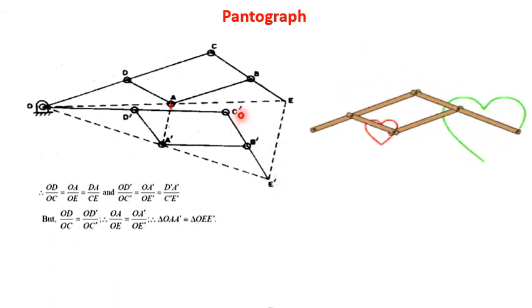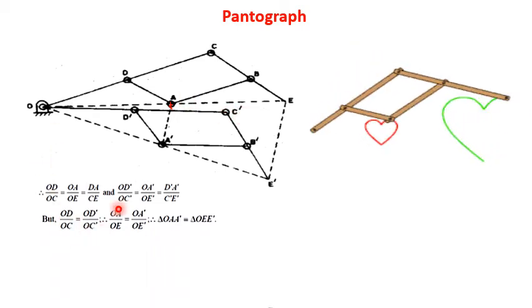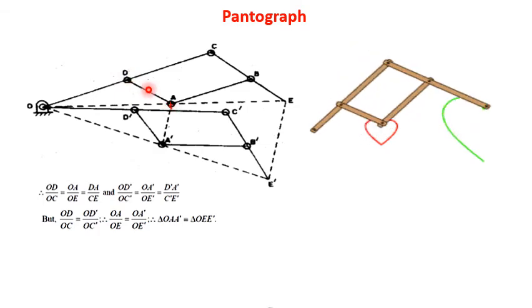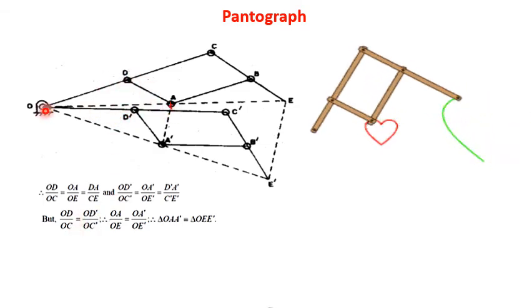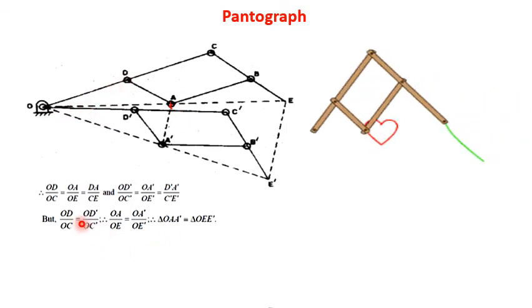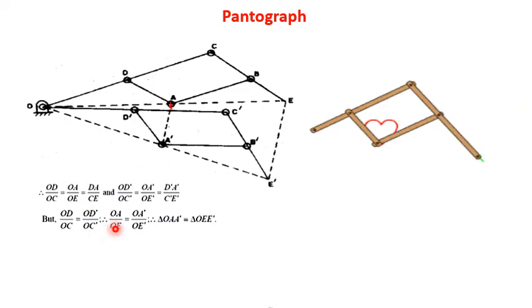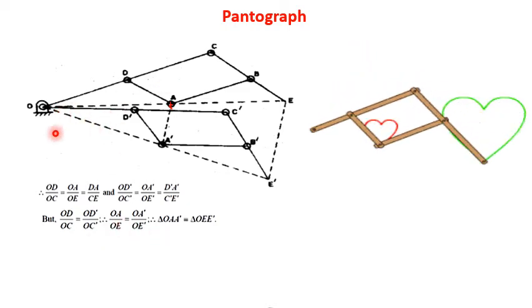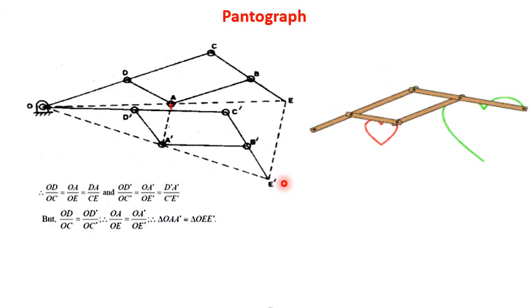But these are the same because the link lengths do not change. So OD by OC is the same as OD dash by OC dash, and OA by OE is the same as OA dash divided by OE dash.